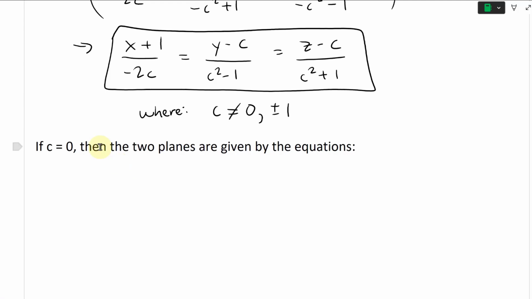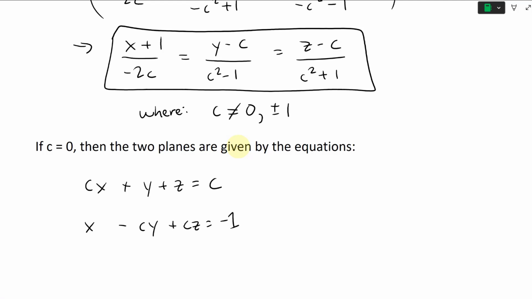So if c equals 0, then the two planes are given by the equations. Let's write down our first equation, cx plus y plus z equals c. And then the next one was x minus cy plus cz equals -1. These are the equations of the two planes we were given.